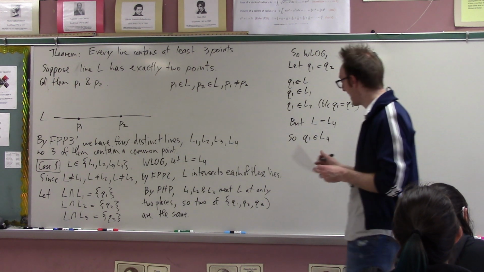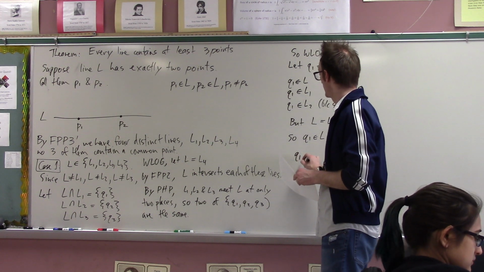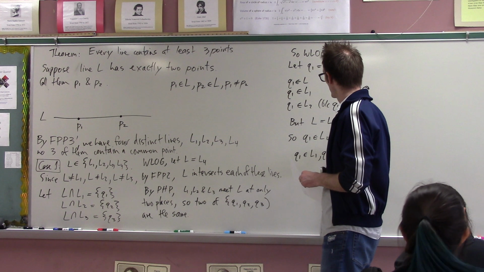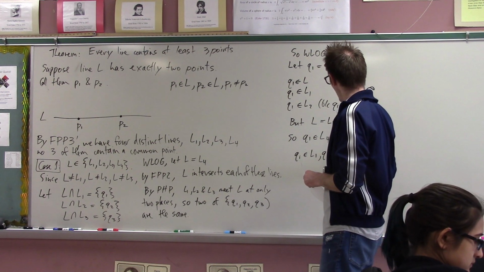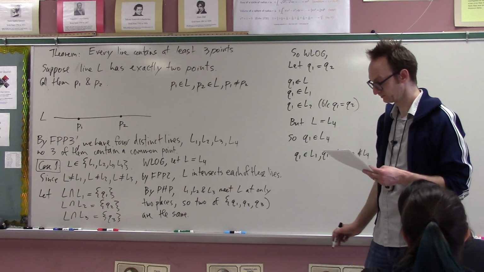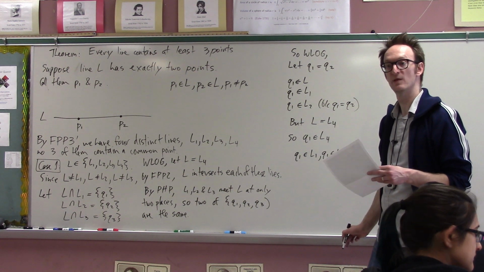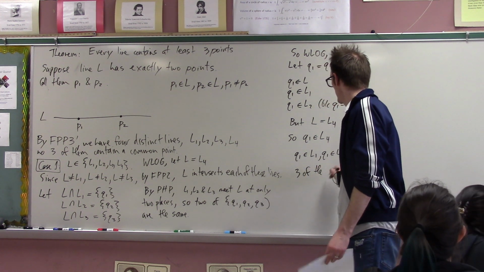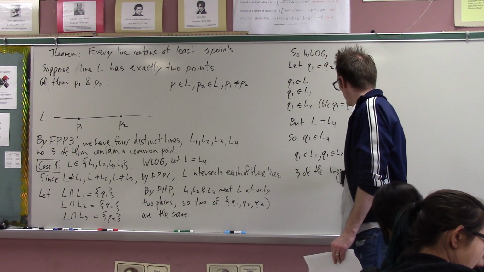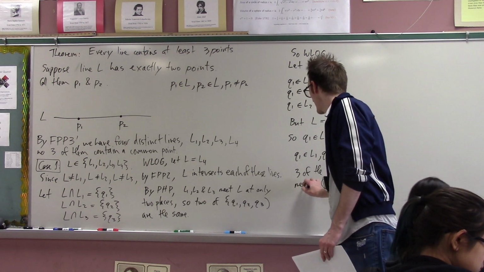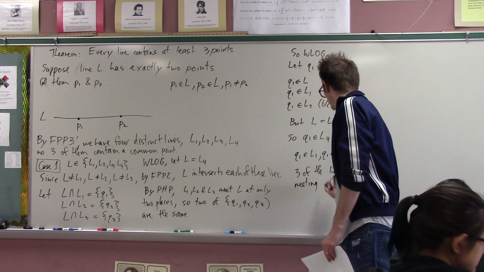I cannot have Q1 on L1, Q1 on L2, and Q1 on L4. This is 3 of the lines L1, L2, L3, and L4 meeting at a point, and that can't happen.